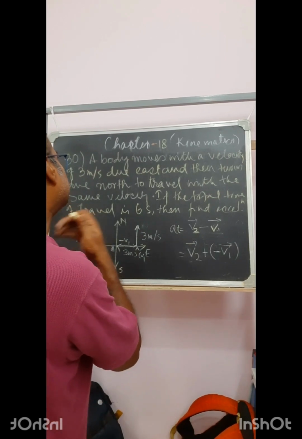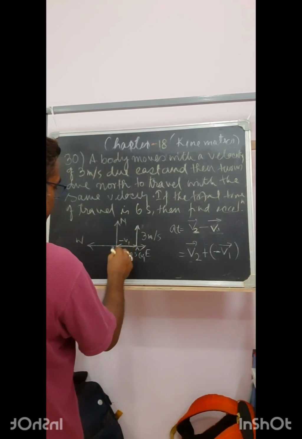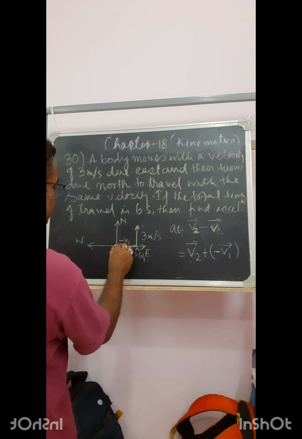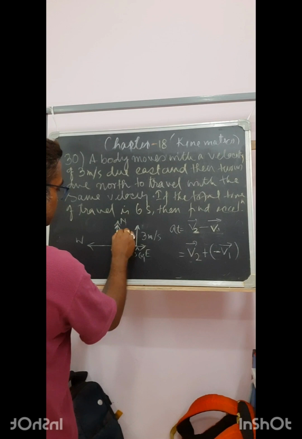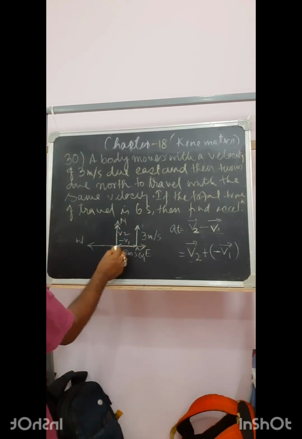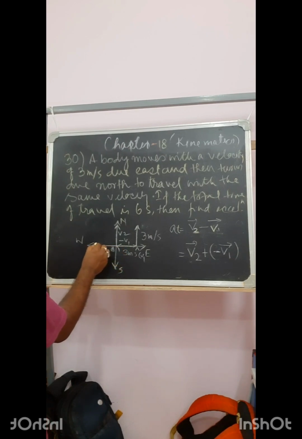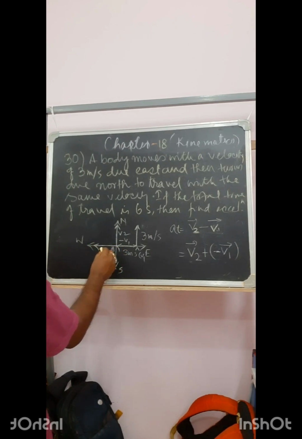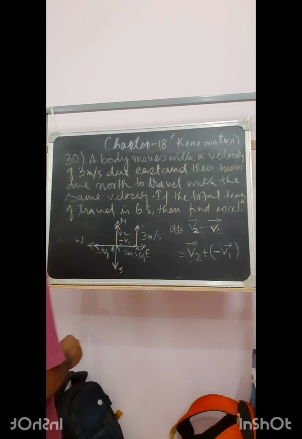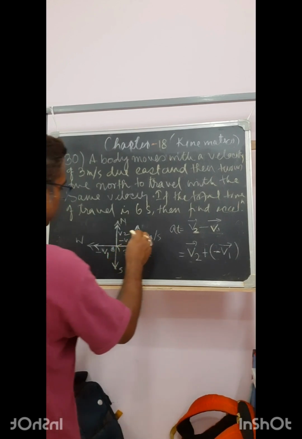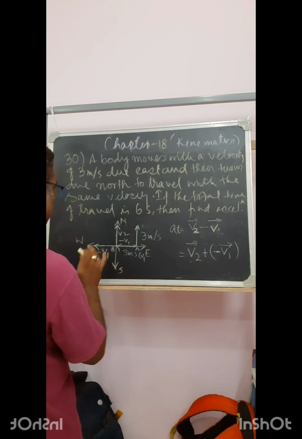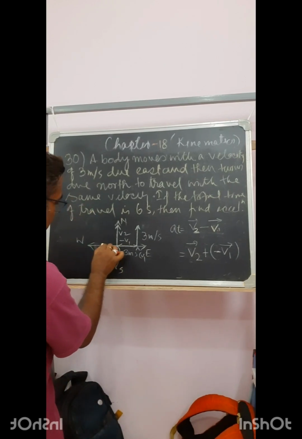Now this vector can be shifted parallelly here, so this is v2. This can be shifted to this one also. So this is your minus v1, this is your v2. So what is the resultant for that? If I take the resultant, let me see it like that.